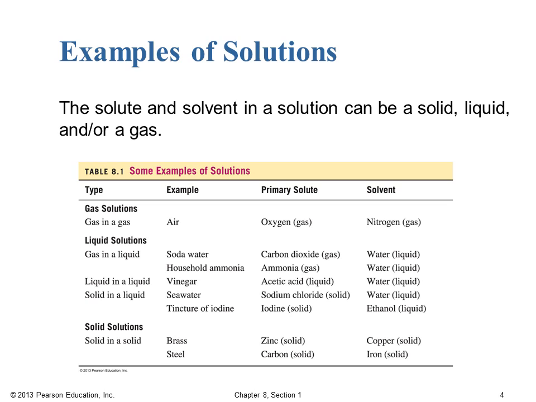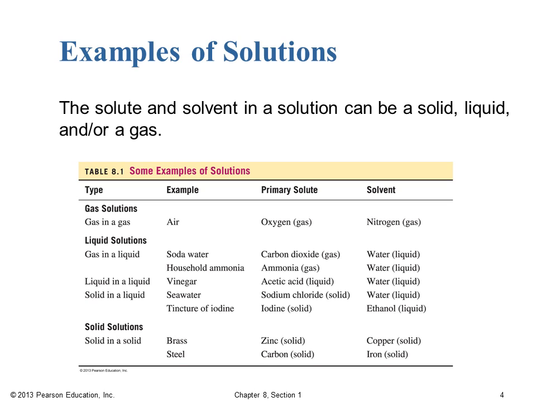We can have liquid solutions: gas in liquid, liquid in liquid, and solid in liquid. A gas in liquid solution would be something like soda or any kind of carbonated drink. What gives it its carbonation is carbon dioxide dissolved in the water.